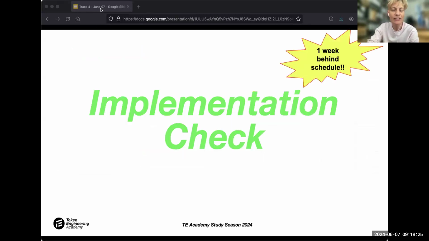Now, how did we run the implementation check and what were our conclusions? Again, 1 week behind schedule. Whenever you implement something like that, this is already not good, but we'll manage it. It's not good and at the same time, not unusual. All right.